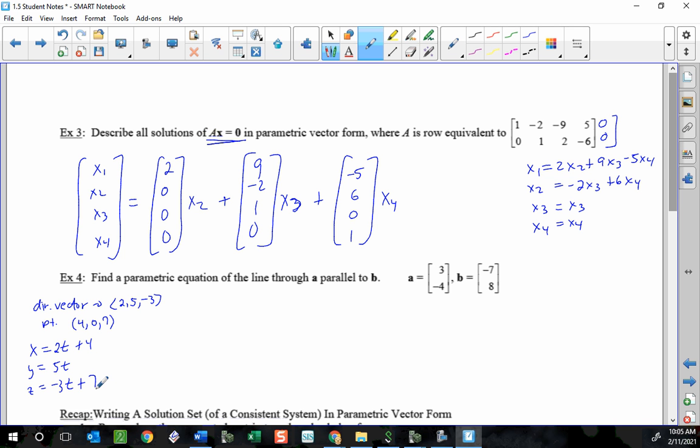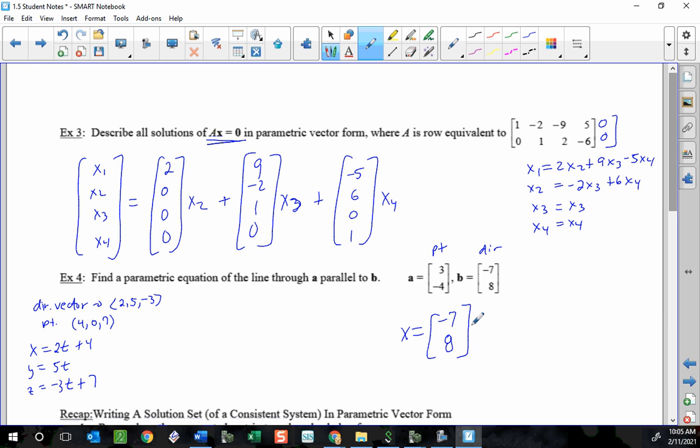So this is just going to be that. If I was going to write this in parametric format, I would separate these vectors 2, 5, -3, and 4, 0, 7 into pieces. And so if I was going to write the equation of this line in parametric form through A, so A is my point, and B is my direction, I would write x equals, let's see, direction, so -7, 8.